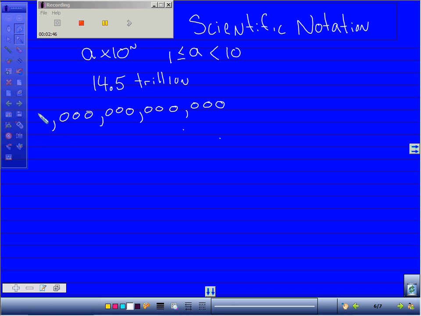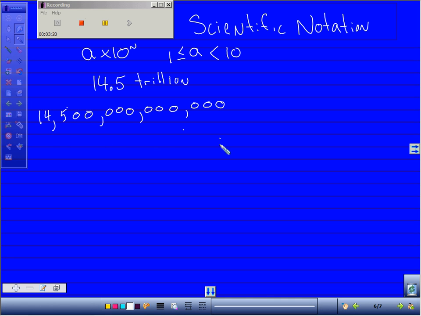So you would have a 1, a 4, and this number right here would be a 5. So that number is 14.5 trillion. Okay? So maybe if I were a politician and I wanted to talk about how big the national debt was, I might want to express it like that rather than say it's just 14.5 trillion, right? So very large numbers like that.